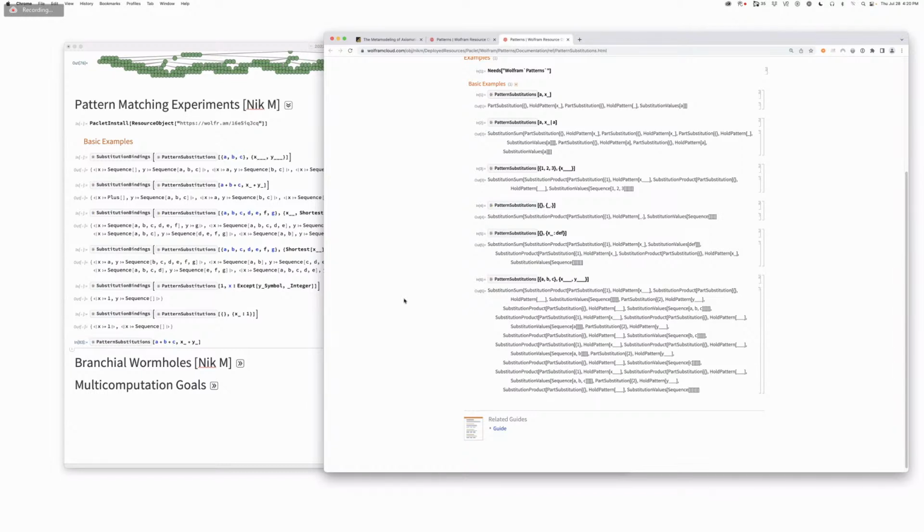Basically, the question is whether this can give a representation of a pattern that's easier to compile, so you can run MatchQ on it. Compared to the normal representation of patterns, maybe it could be useful for that.